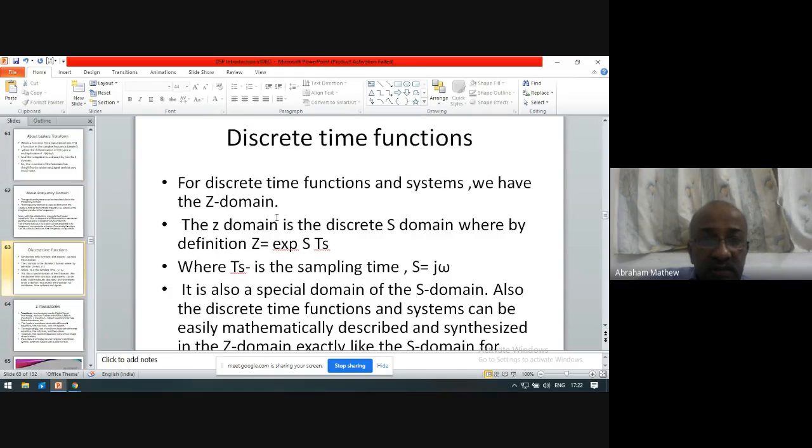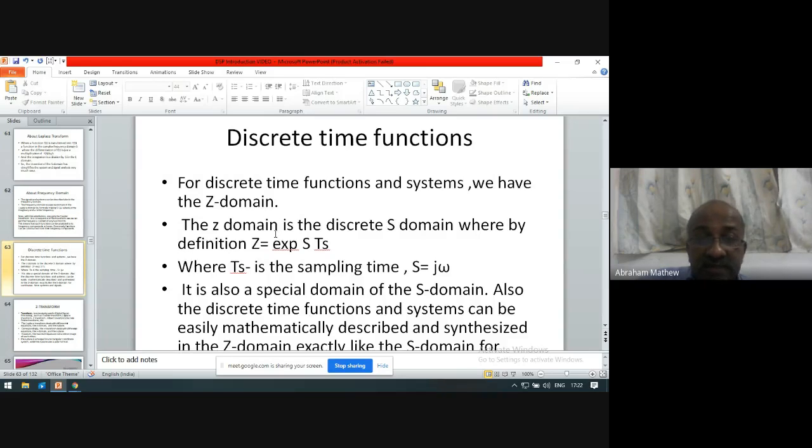There is the term discrete time functions. For these discrete time functions and systems, we have the Z domain.